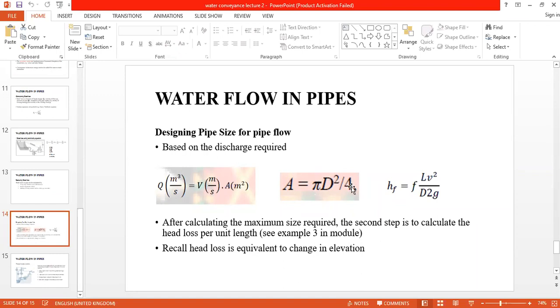So this is where this formula is coming from. So what we can do here, where there's A, we can replace it with this, such that now in our formula, we're going to have the diameter of the pipe.